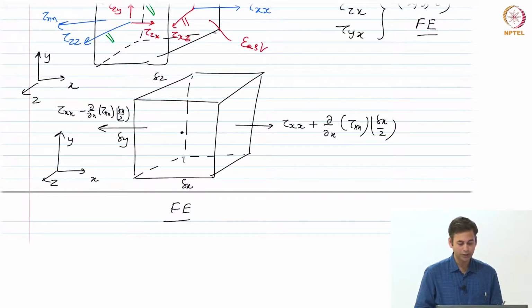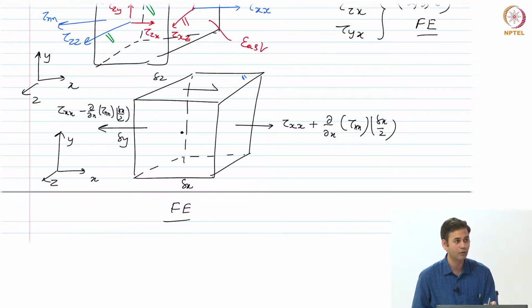What about the other quantities that we have? Tau yx. So tau yx would be acting in which direction on this north plane? On the north plane, if it has to be positive, it has to act in the positive x direction, because this is a positive y plane. So this would be tau yx defined at the centroid, so tau yx plus partial tau yx by partial y times delta y by 2.